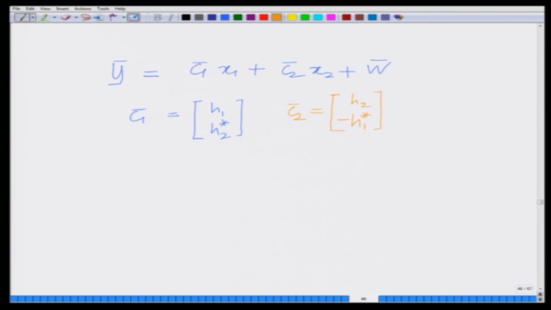So, these are the two columns of the matrix, and w bar as usual is the Gaussian noise vector.